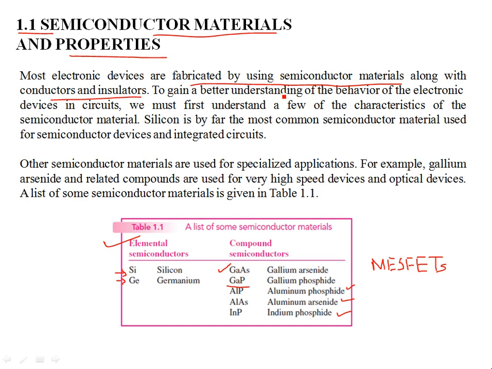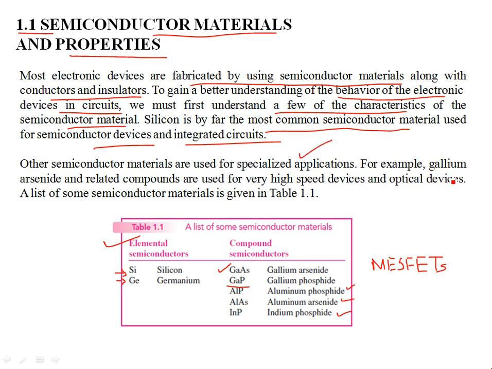To gain a better understanding of the behavior of electronic devices in circuits, you must understand a few of the characteristics of semiconductor materials. Silicon is by far the most common semiconductor material and has been used for semiconductor devices and ICs. Other semiconductor materials are also used in specialized applications.